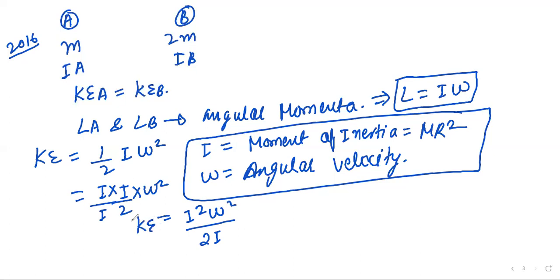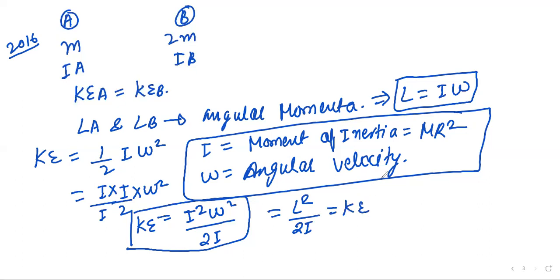This is your kinetic energy, right? So instead of I square omega square, you can write L square upon 2I. This is your kinetic energy.